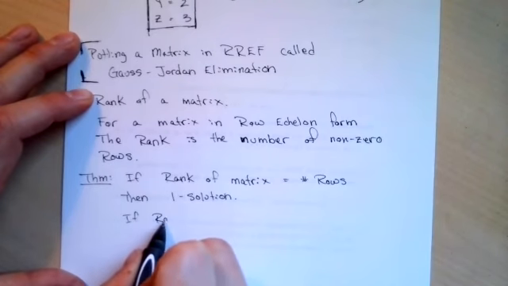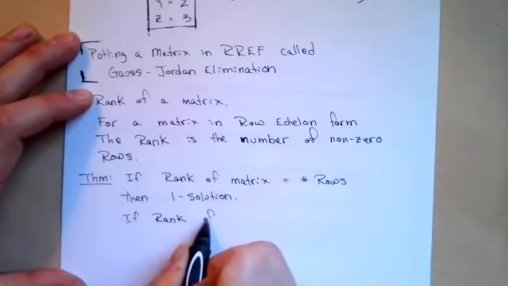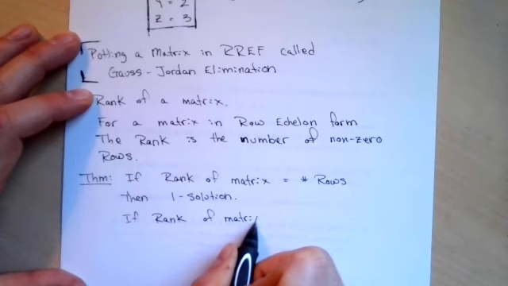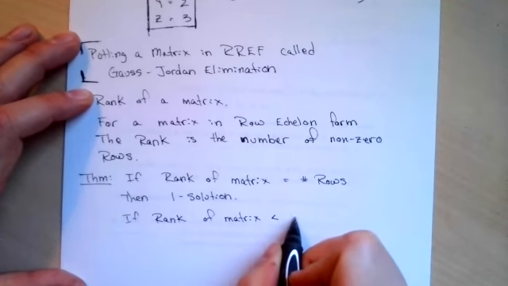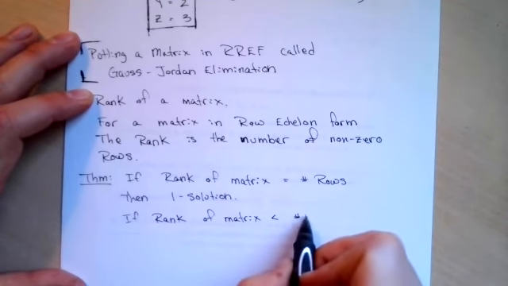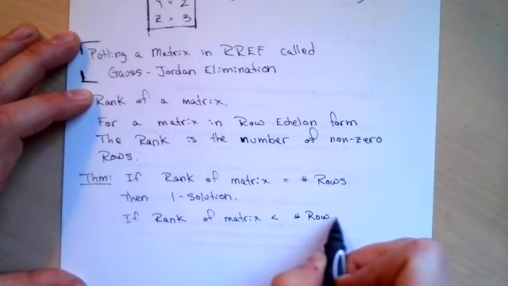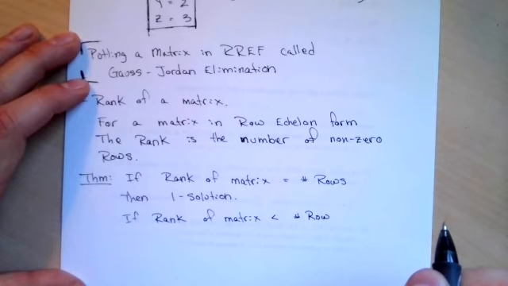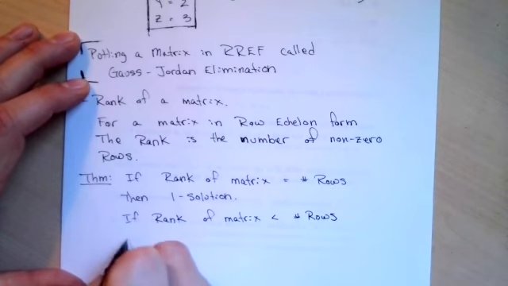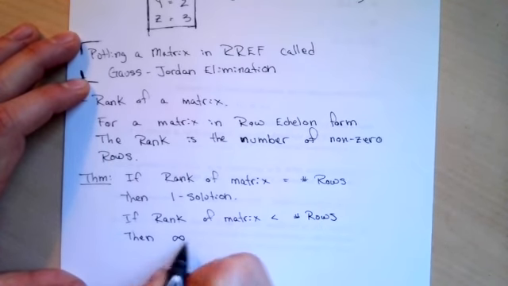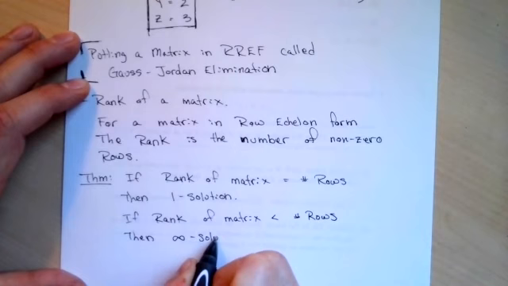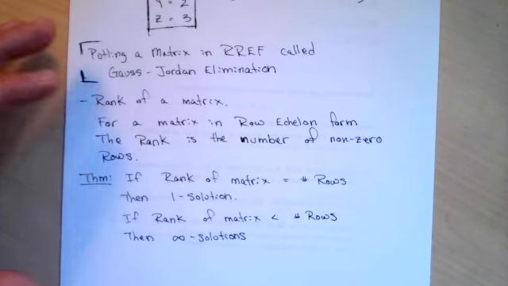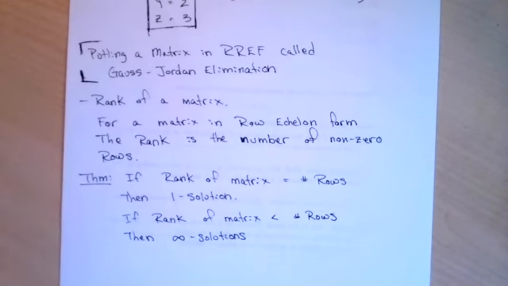If the rank of the matrix is less than the number of rows, then there are infinite solutions. And then there's going to be no solution.